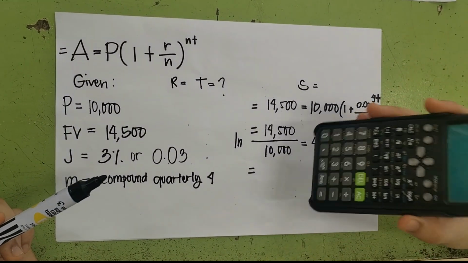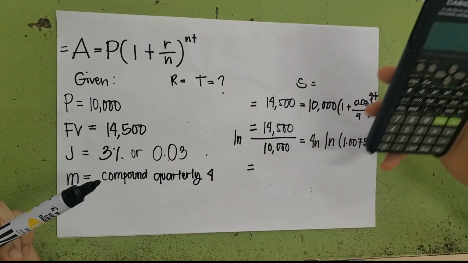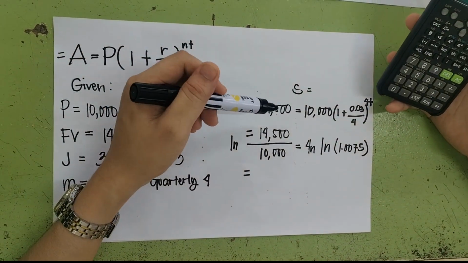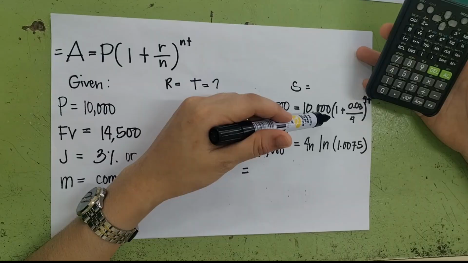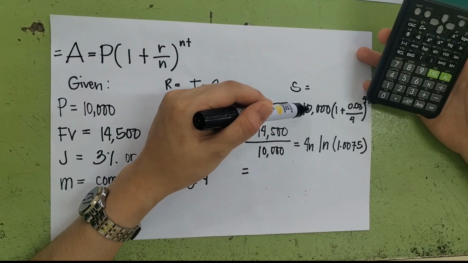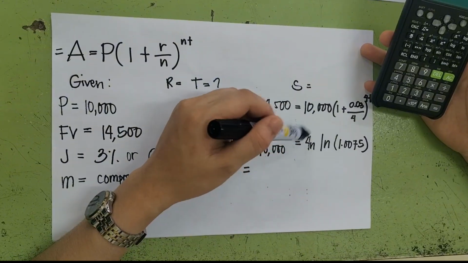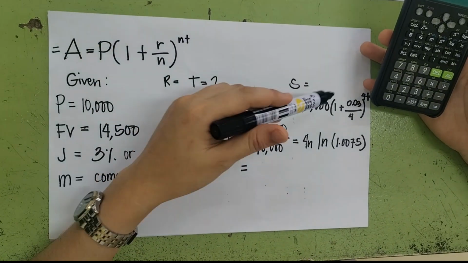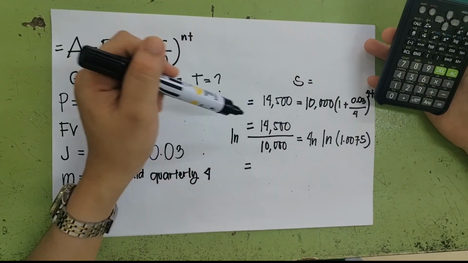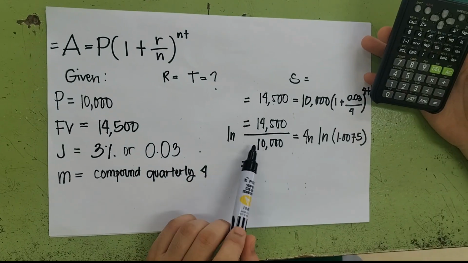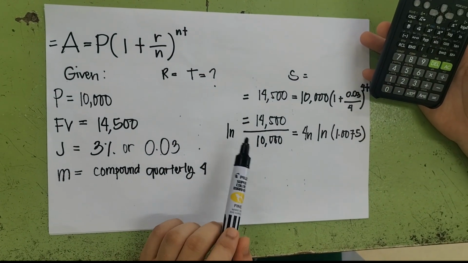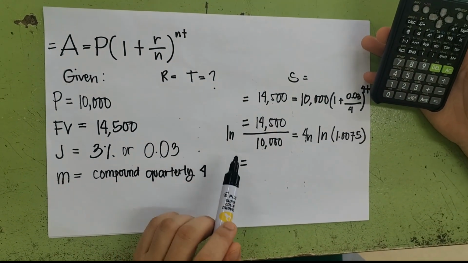But let us use the scientific calculator in order for us to know how to use it. Upon solving this, we need to cancel out the 10,000. We need to divide both sides by 10,000 so that we can cancel out the 10,000 amount in this part. Then, after that, with 14,500 divided by 10,000, we are going to use it in a logarithmic way.